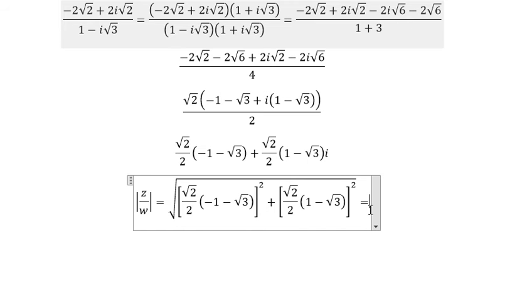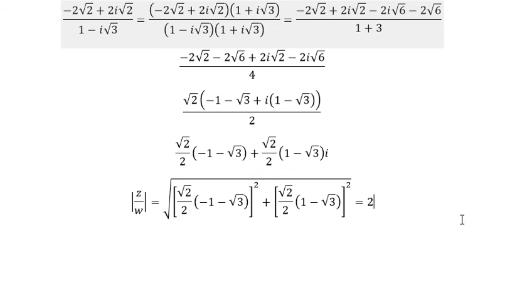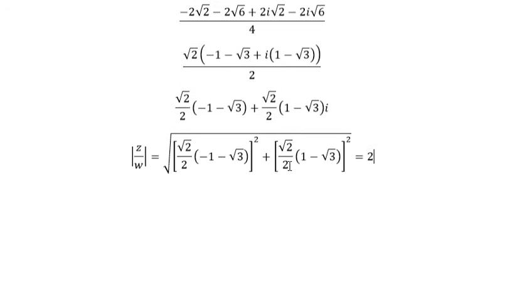This one you get 2. So we have just finished question A.